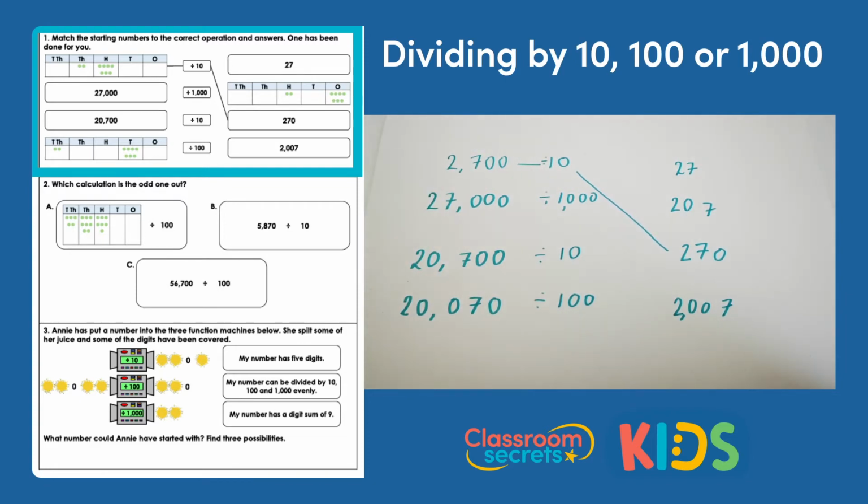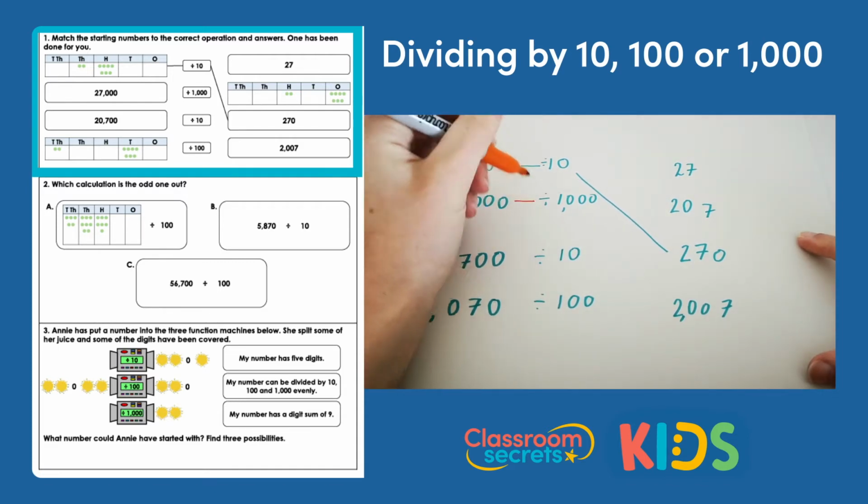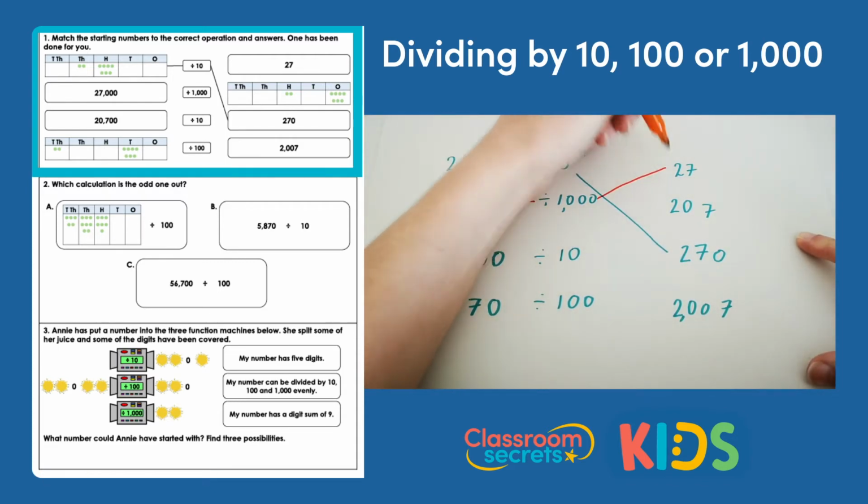The zeros would move beyond the decimal point, so we don't need to worry about them in these examples. So 27,000 divided by 1,000 becomes 27. So we can join that with that one, and we can join it with that one.